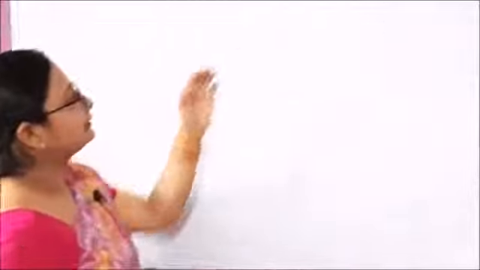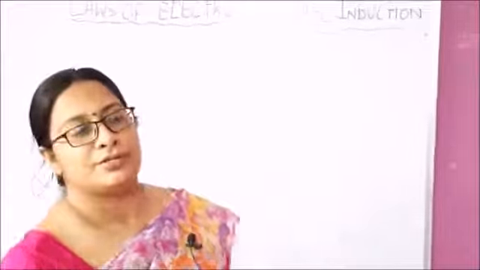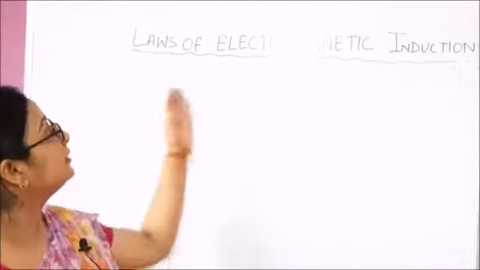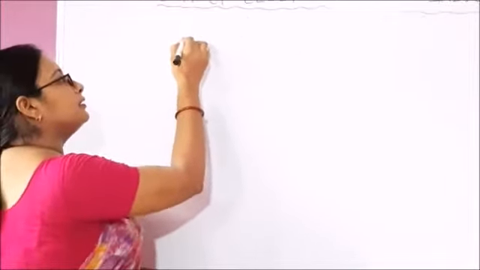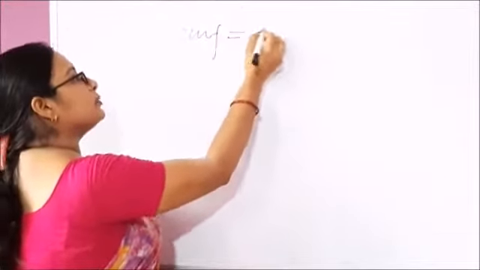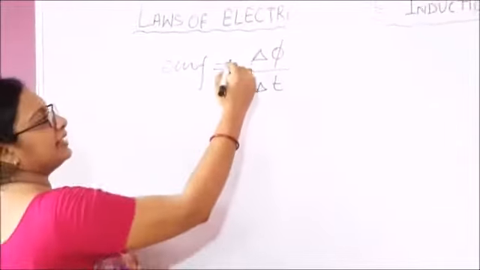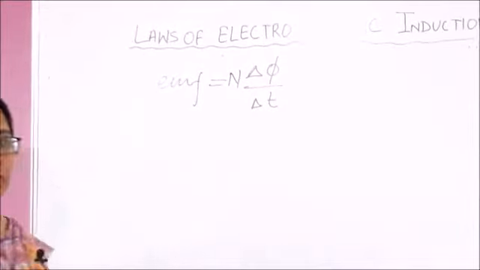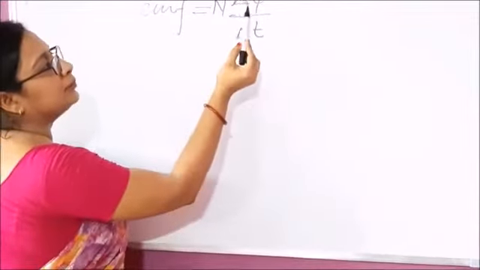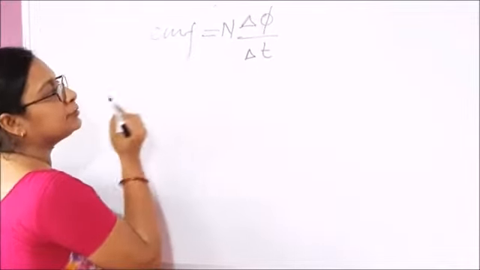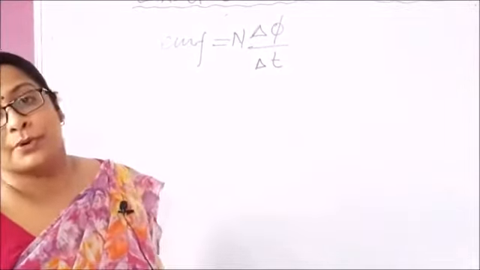Children, the laws of electromagnetic induction consist of two laws, Faraday's law and Lenz's law. So the mathematical form of the law of electromagnetic induction, according to Faraday's law, is EMF is equal to delta phi upon delta t, and if the coil has n turns, it will be n d phi by dt. But according to Lenz's law, the direction of induced current always opposes the cause of its production.